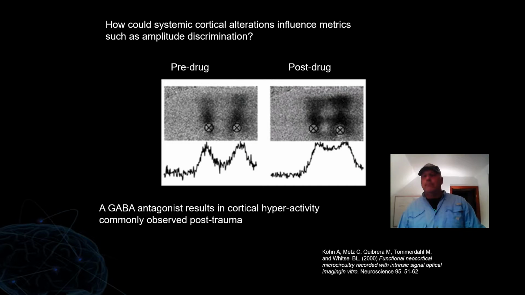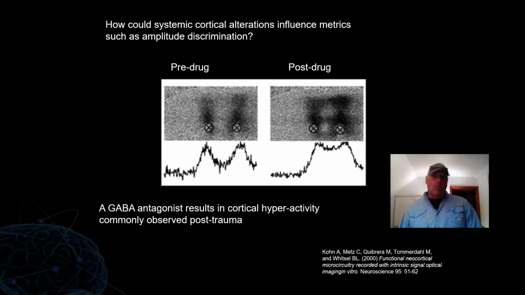Okay, so looking at amplitude discrimination levels, you just kind of start wondering, well, how could anything really change amplitude discrimination metric, and how does that relate to what's going on in the brain? And if you look at this slide, basically what we're doing is we're comparing two different conditions. One is a pre-drug and one is a post-drug.